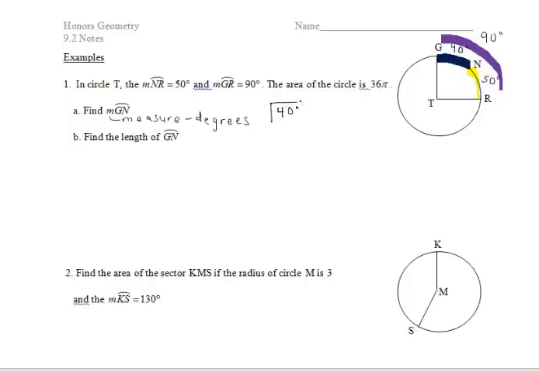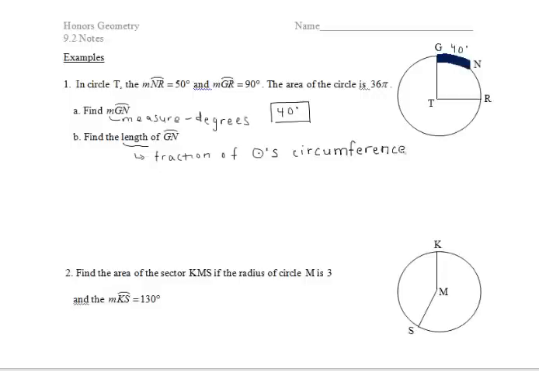For part B, we want to find the length of this arc now. When we see length of arc, we should be thinking about the fraction of the circle's circumference. If we look at that blue arc there, it's part of the circle's circumference, so we only care about that fractional piece.